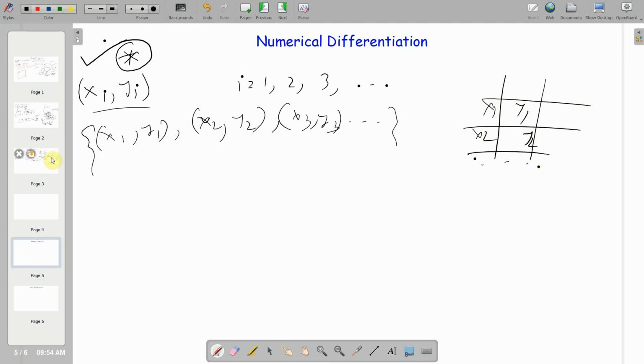Now the spacing between x1 and x2, for the sake of simplicity, let's say h1, and between x2 and x3 is h2.